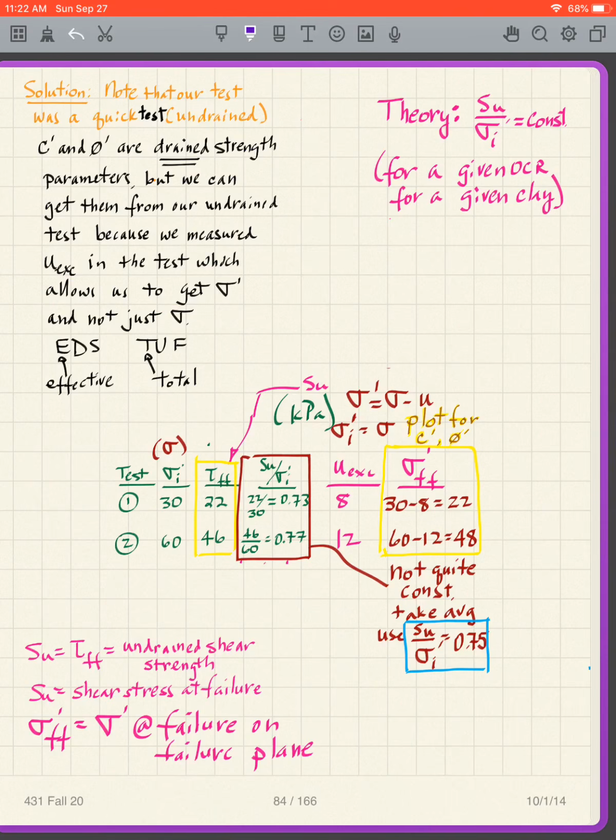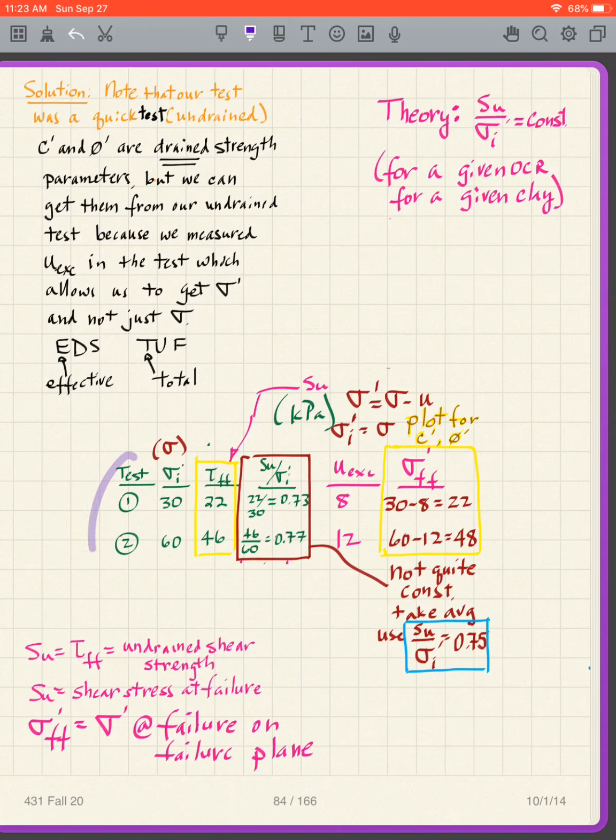The other part is, in theory, our Su over sigma prime i is constant for a given OCR, for a given clay. So we are going to use this theory. It works pretty well, and we are going to get that ratio. So let's put this into a table.